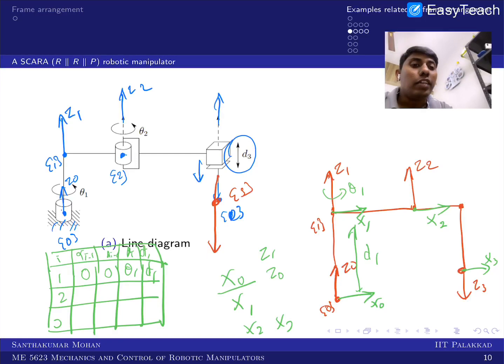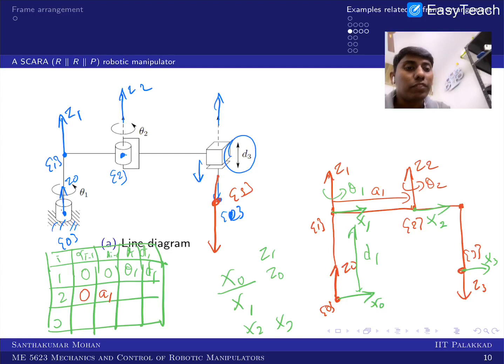Okay, then the second axis, in the sense the second frame, which is 2, and this is 3. So 2 is a distance apart along x1, and there is no angle of rotation about x1, and the distance I call a1. Okay, so this distance I'm calling a1, and this is again an active joint, so that is theta 2, and there is no vertical distance here, so that is 0.